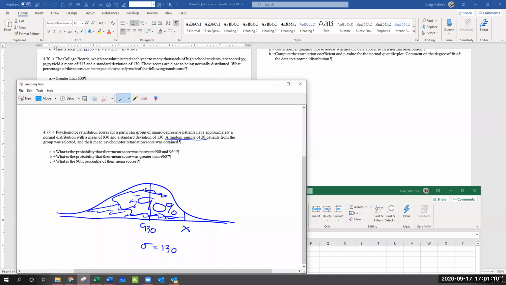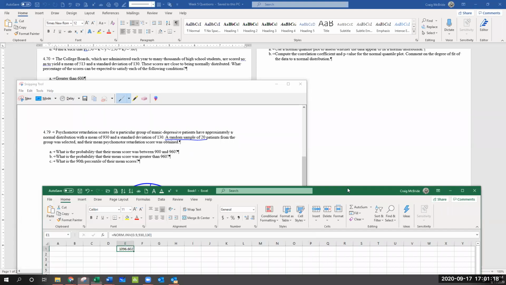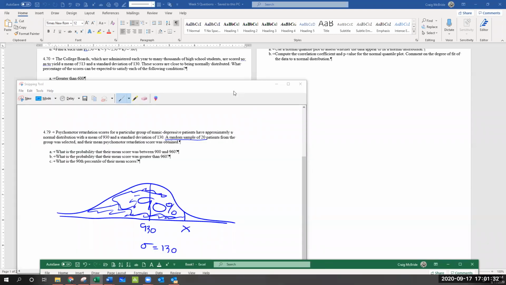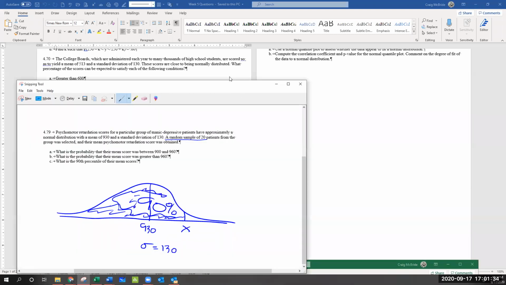So we forgot to change our standard deviation based on a random sample of 20. What I did is calculate the score if we were taking a sample of one thing at a time, so the standard deviation would stay at 130. But because we have a sample of 20, we have to adjust our standard deviation.